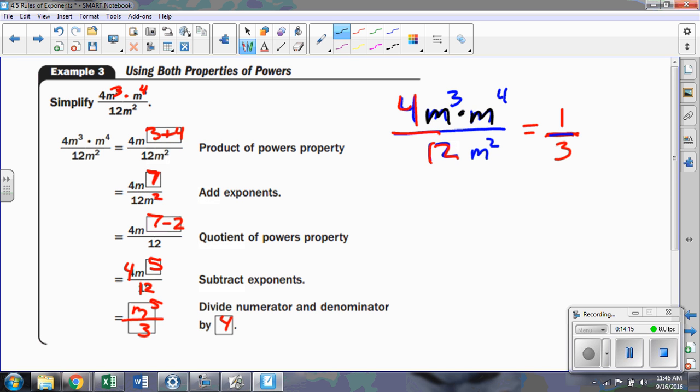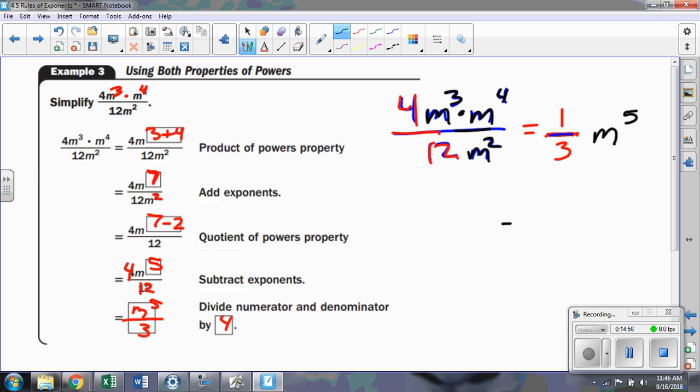Multiplication, where we know we'll have to add exponents, and division, where we know we will have to subtract exponents. We could put those all in one step. 3 plus the 4, subtract the 2. So what's 3 plus 4 minus 2? That's 5. So our exponent is 5. That's our answer. 1/3 times m to the 5th.